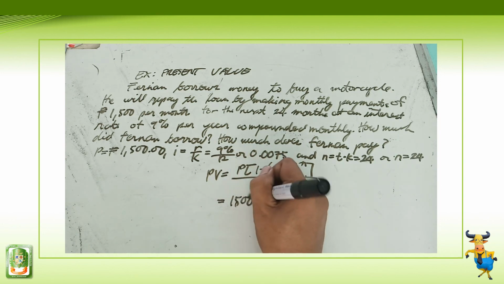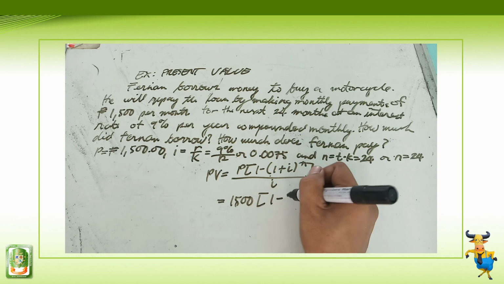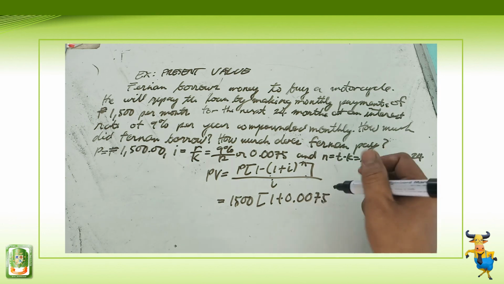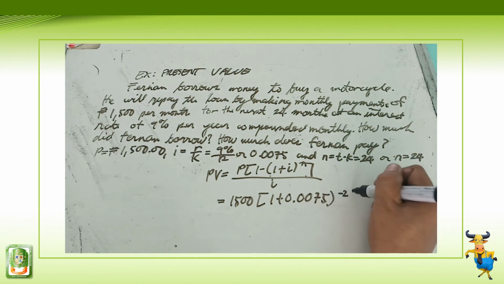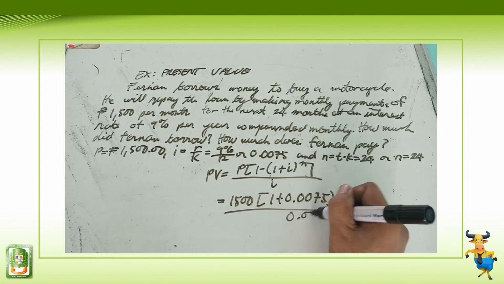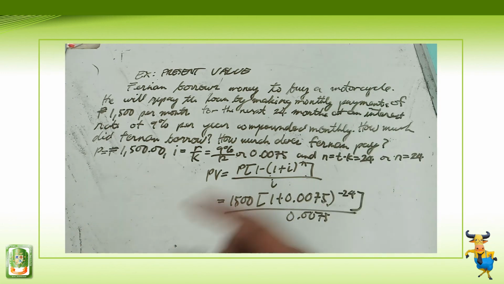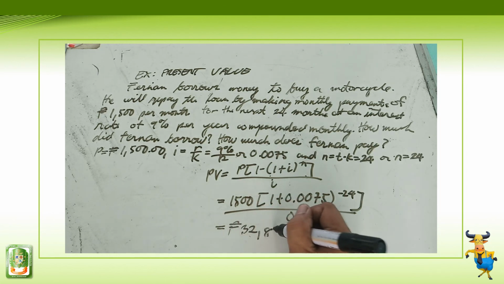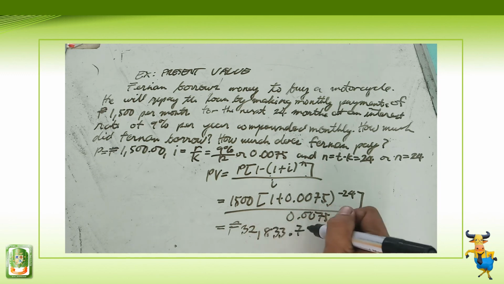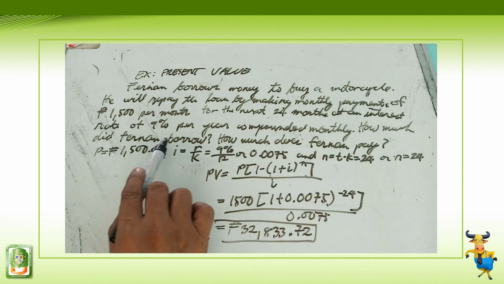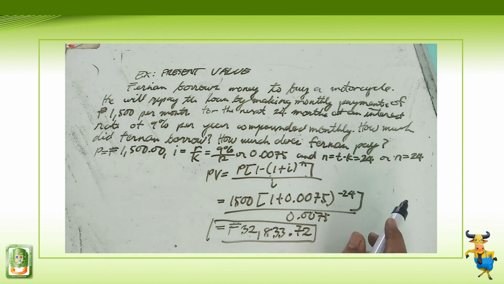So, is equal to 1,500 times 1 minus 1 plus 0.0075 raised to negative 24 months, divided by 0.0075. Is equal to 32,833.72.